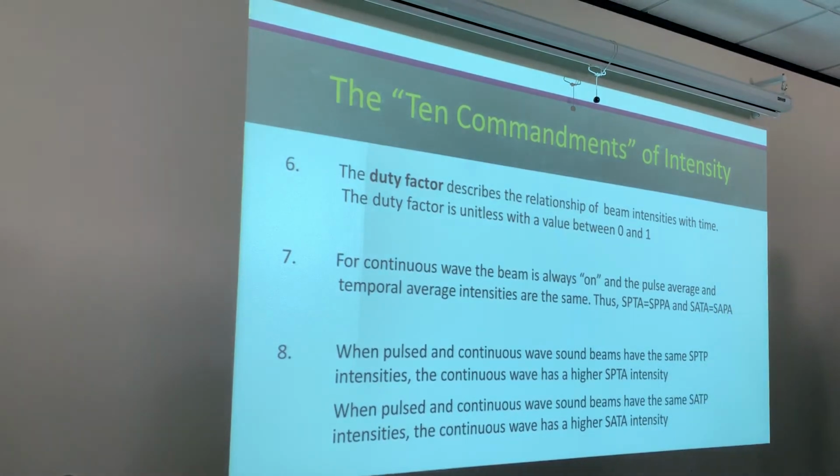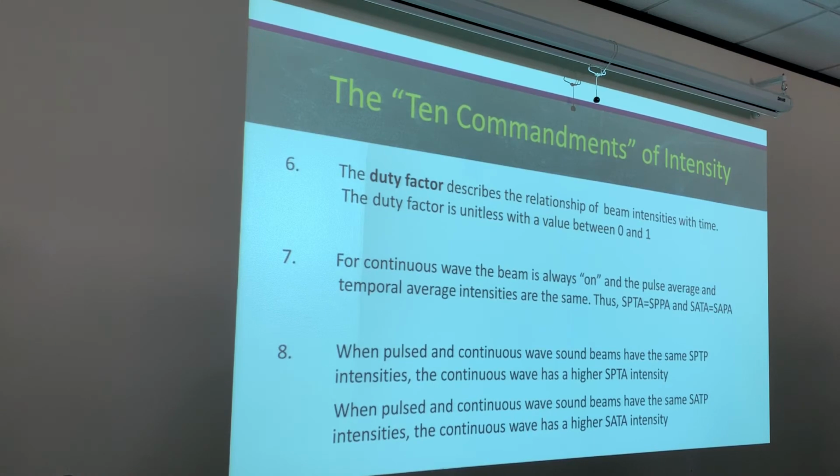The temporal average is higher because it doesn't have an off time. A pulse transducer accounts for that off time, so it's going to be a lot lower than a continuous wave transducer, correct? Because it's not on all the time. The pulse wave accounts for the pulse repetition period, meaning the listening time and the transmit time.